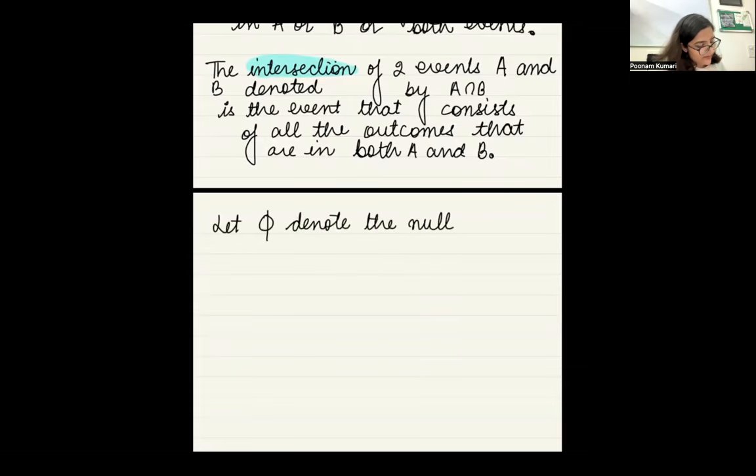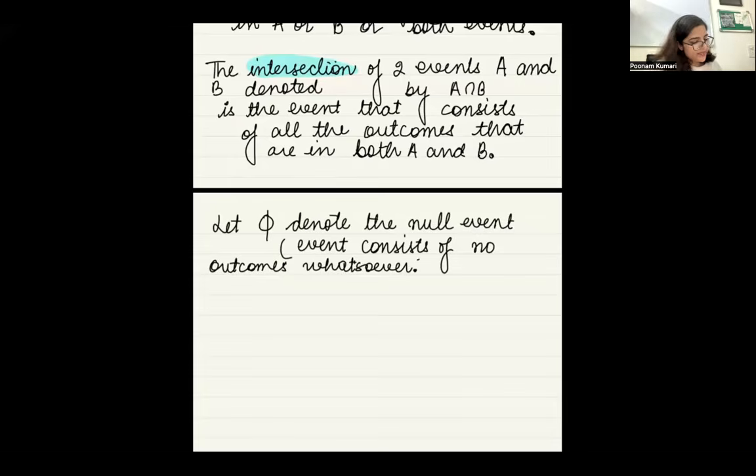A null event is an event which consists of no outcome whatsoever. Let's say my experiment was rolling a die.